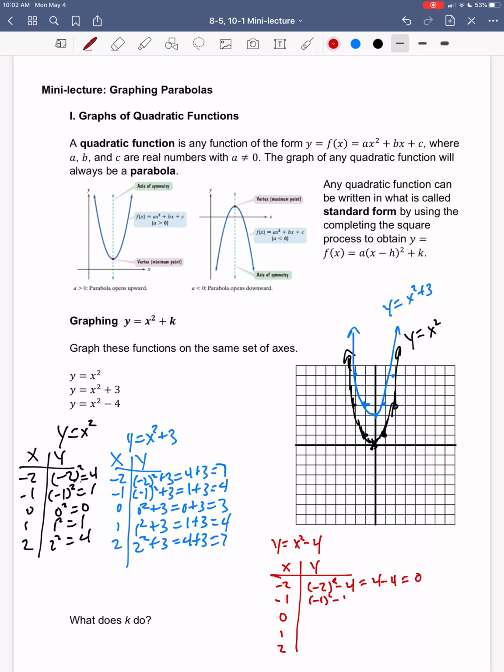Negative 1 squared minus 4 will be 1 minus 4, which is negative 3. 0 squared minus 4 is 0 minus 4, which would be negative 4. 1 squared minus 4 is 1 minus 4, which is negative 3, and 2 squared minus 4 is 4 minus 4, which is 0. So I plot those points: negative 2, 0; negative 1, negative 3; 0, negative 4; 1, negative 3; and 2, 0.